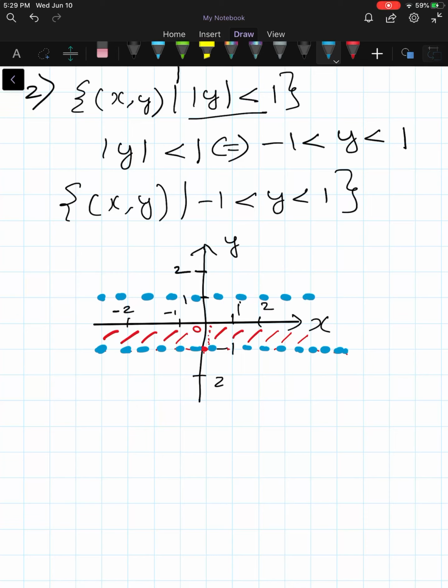When y is equal to +1, that particular line is not included. Shade all the region between 1 and the origin to say that all the ordered pairs that come between 1 and the origin will be included. So this is how you shade the region for the given set.